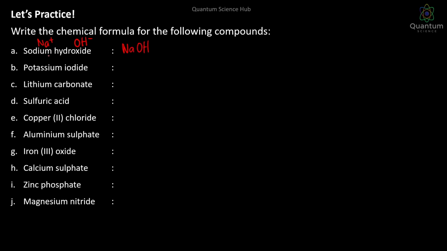Potassium iodide, potassium K+, I-, so KI. Lithium Li+, carbonate CO3 2-, so it will become Li2CO3. Sulfuric acid is H2SO4, and we already discussed this on the previous slide.